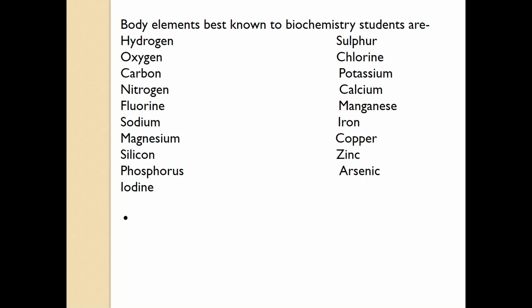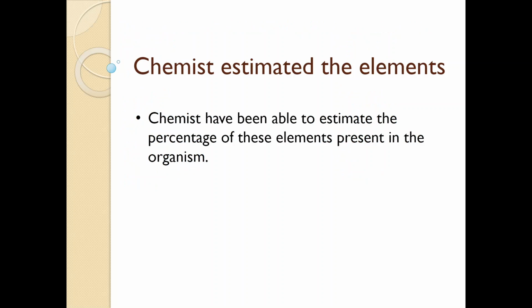Body elements best known to biochemistry students are such as hydrogen, oxygen, carbon, nitrogen, fluorine, sodium, magnesium, silicon, phosphorus, iodine, sulfur, chlorine, potassium, calcium, manganese, iron, copper, zinc, arsenic. So these are the essential elements which are present in the human body.